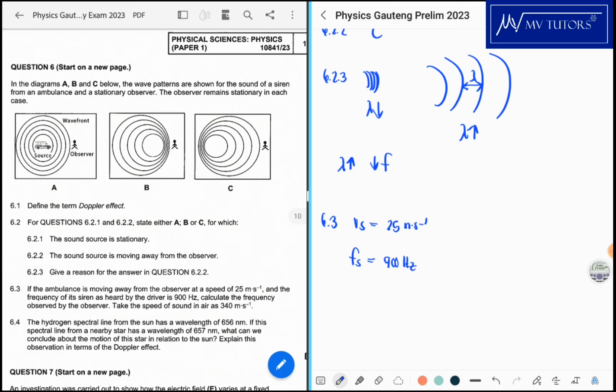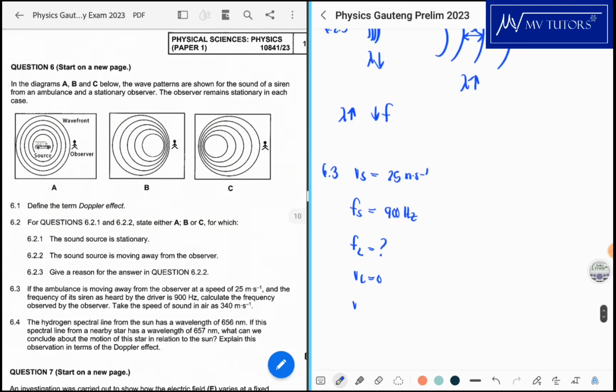Calculate the frequency observed by the observer. The frequency of the listener is what we need to calculate, and the speed of the listener is 0 because they're stationary, and the speed of sound in air is 340 meters per second.